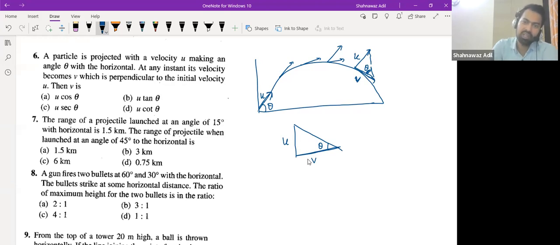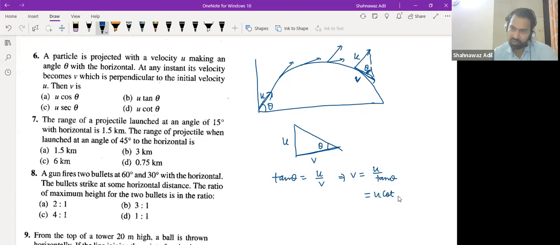Which trigonometric ratio relates them? U by V is tan theta, right? So tan theta is U by V. So V would be U by tan theta. So this is U cot theta.